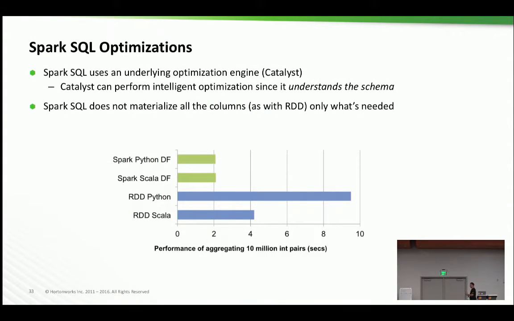Another thing, like I mentioned before, is the speed-up from optimizations. Whether it's Python or Scala, data frames are much faster than the RDDs written in Python or Scala. Python generally trails in speed and execution, primarily because it has the additional overhead of being an interpreted language.